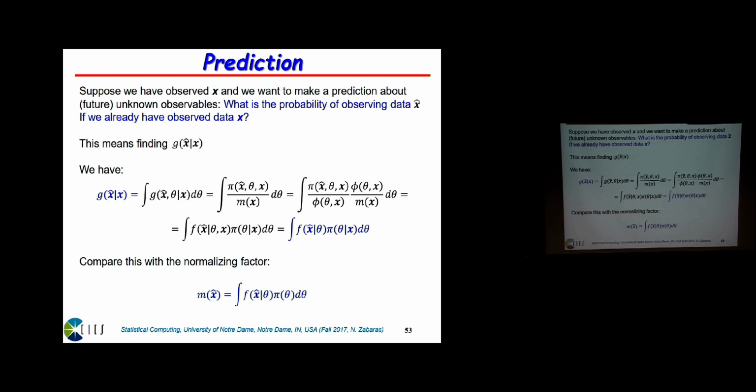Okay. I think I have used this concept of prediction before, but I have not really said much. You know, in Bayesian statistics, okay, the posterior is nice, but that's not all the reason why we do Bayesian statistics.